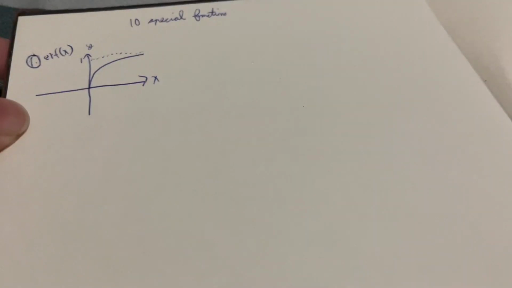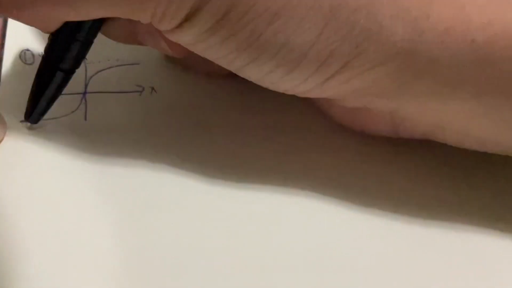It approaches 1, like that. And also, erf(x) is an odd function, so you can just do the mirror. Do the mirror here, and this approaches -1 here.